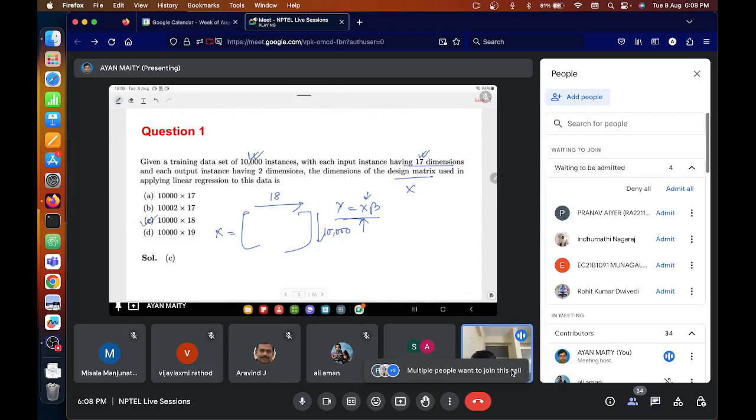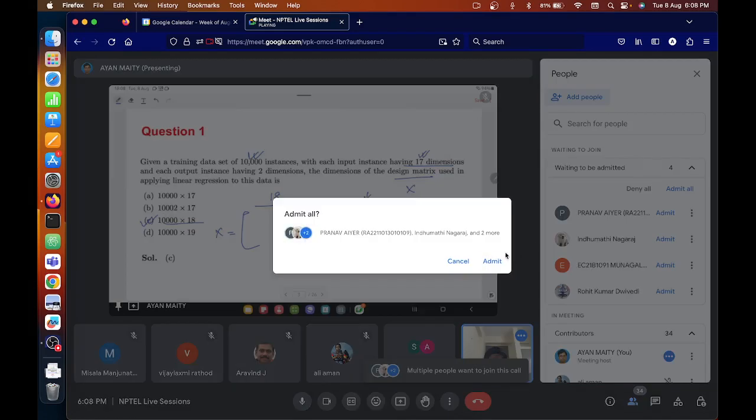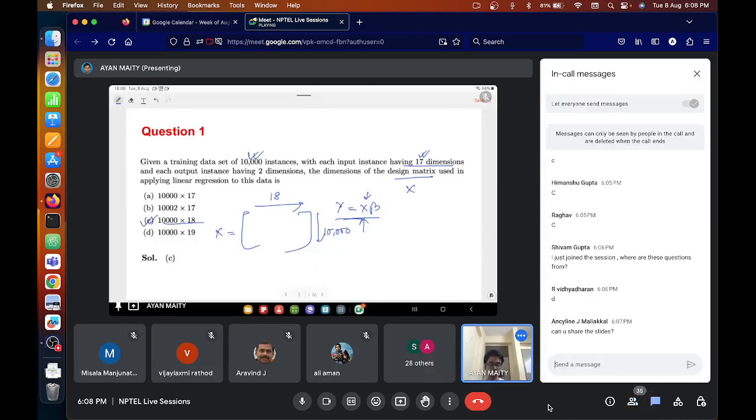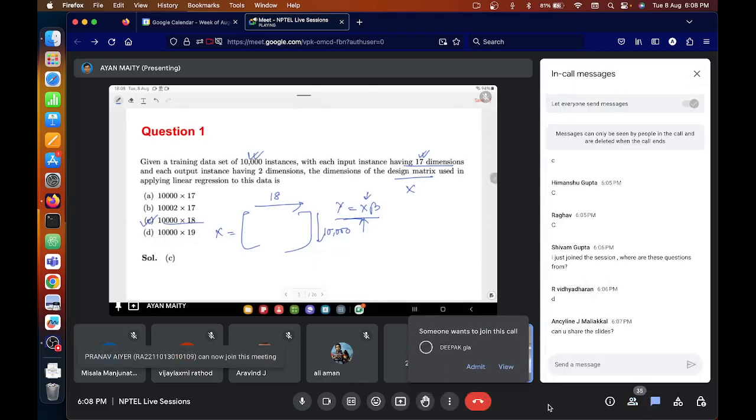C is the correct option, 10,000 into 18. It doesn't matter how many output dimensions you have, because the design matrix is just X, which is the training data, which is basically the input data, and output dimensions do not matter in that case. So it would be 10,000 into 18.